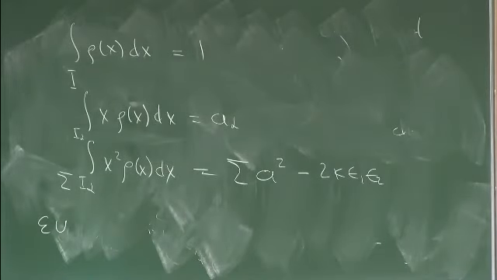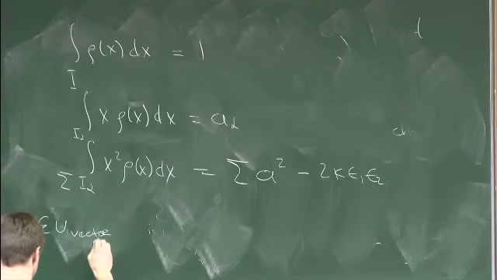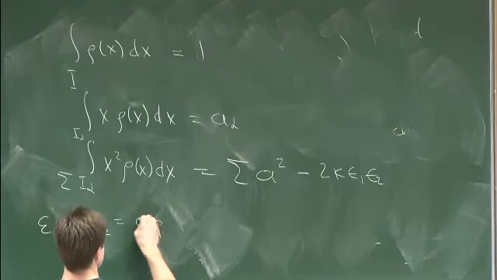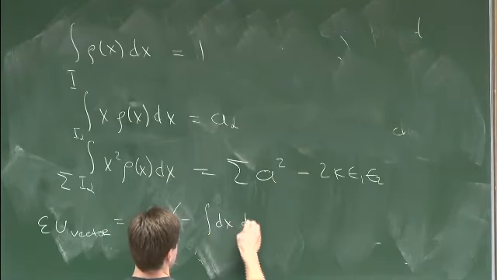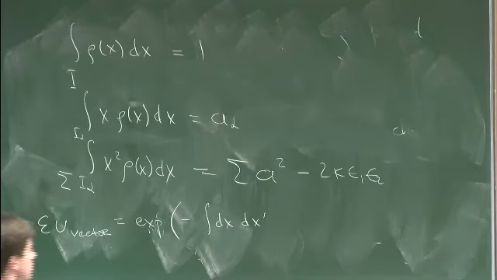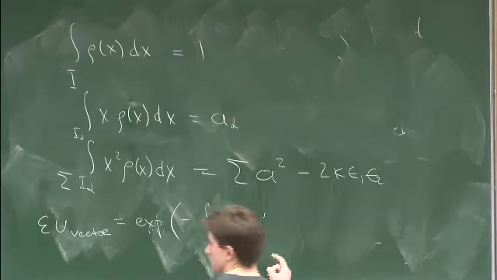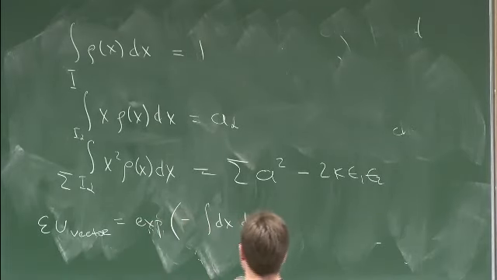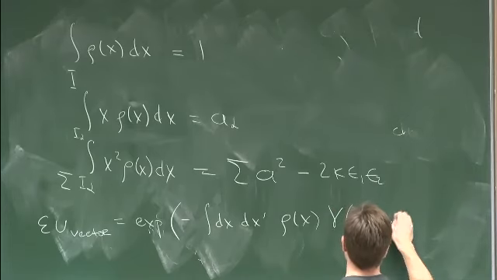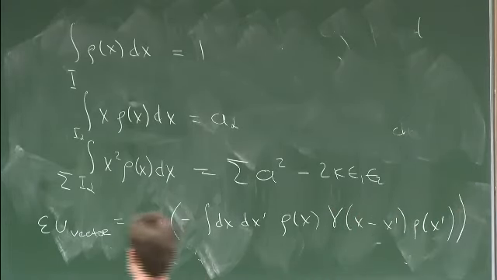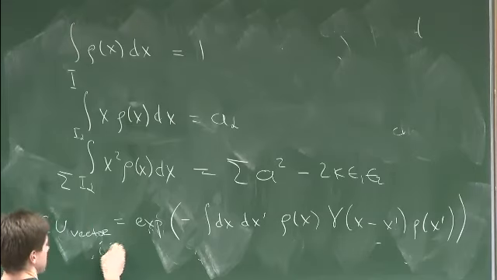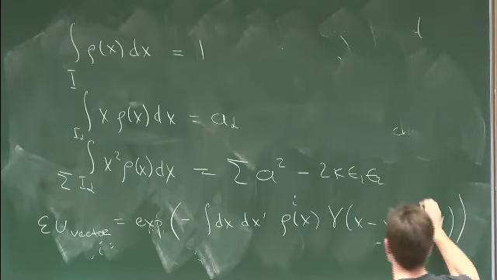So the Euler determinant associated to the vector multiplet is now the exponential of the following bilinear in the densities contracted with the kernel, that gamma function. So it's rho of x, gamma of x minus x prime, rho of x prime. And if I write it for the ith gauge group, then here we take the ith densities.